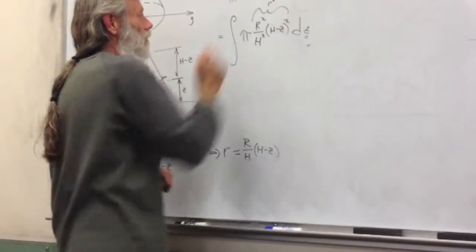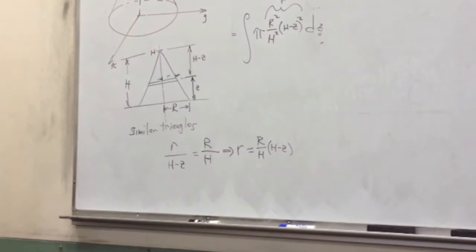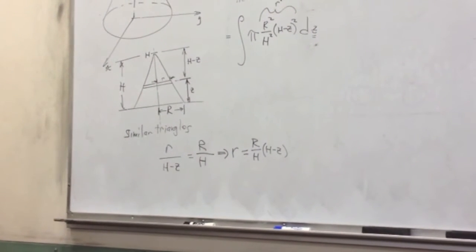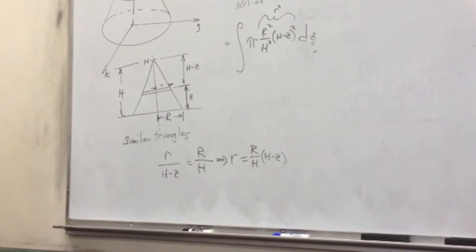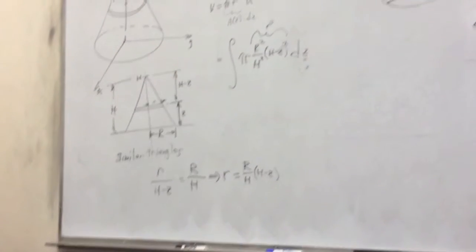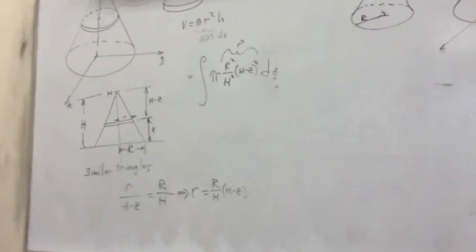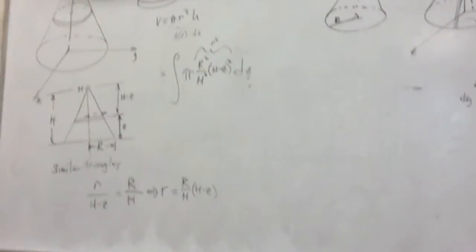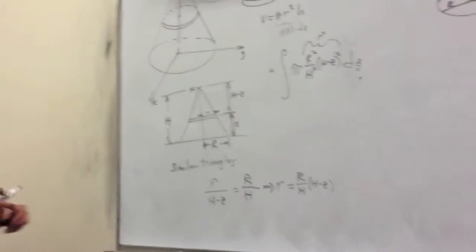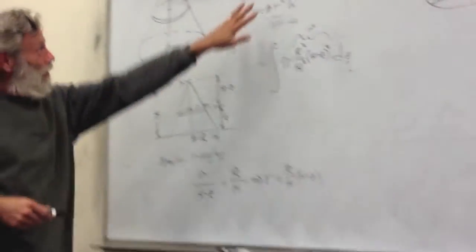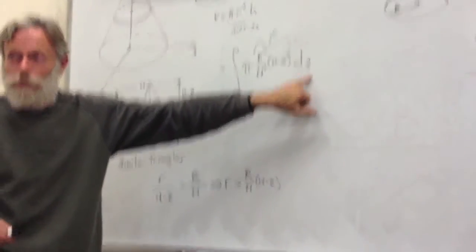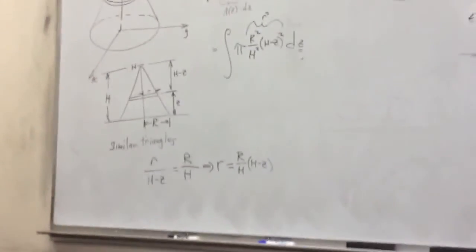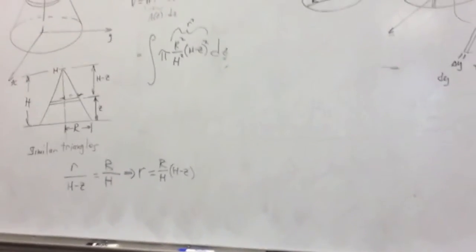That's r squared. See the pieces? It's kind of a typical game that we play. You see it in generic form, and then you ask, how can I get it into the variable that we're integrating with respect to? Often a similar triangle and these sorts of little tricks make the difference.